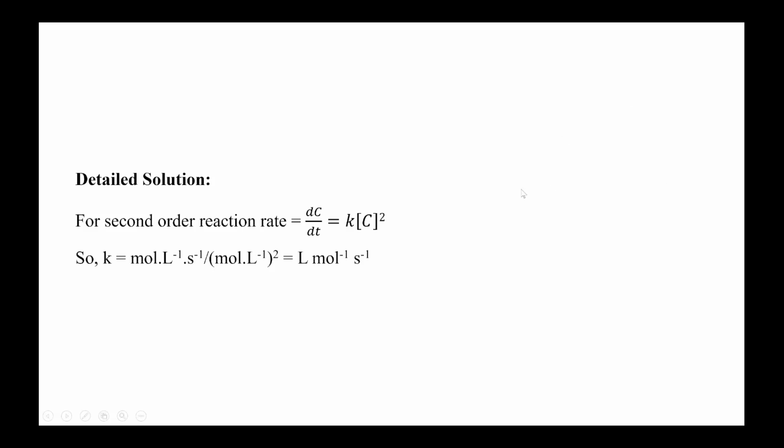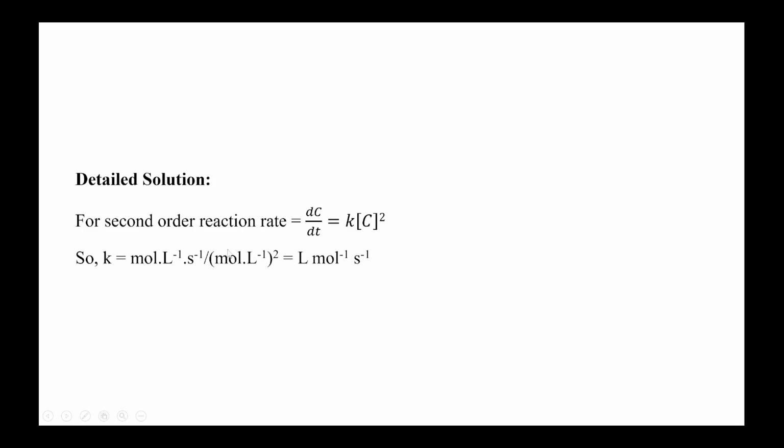So I told you how to solve for the unit of the rate constant. This is dC by dt. So concentration would be moles per liter, and time would be seconds. So moles per liter per second, divided by C squared because it's a second order reaction, so divided by moles per liter whole squared.